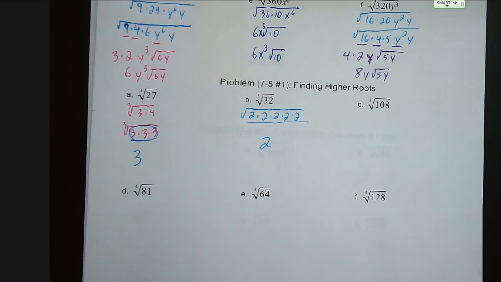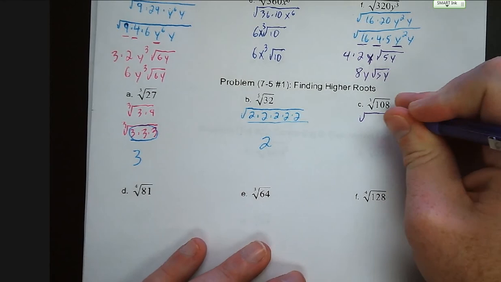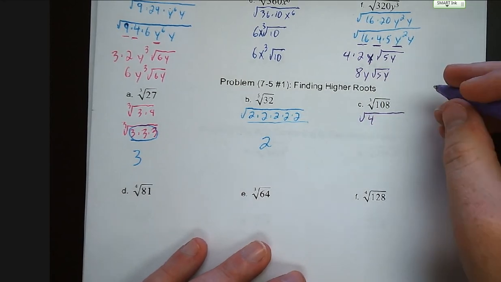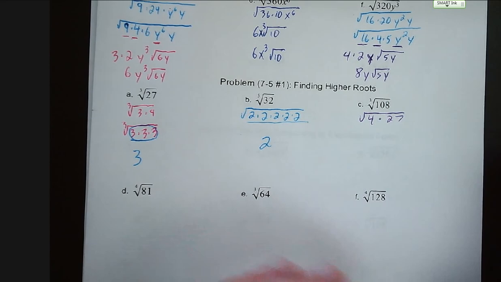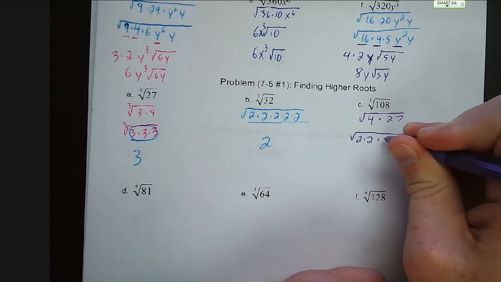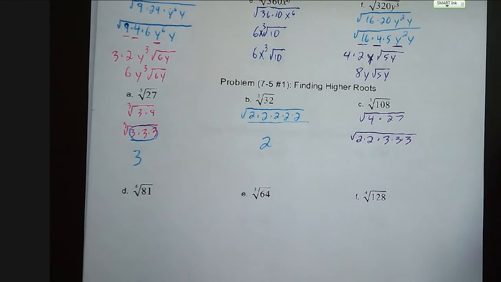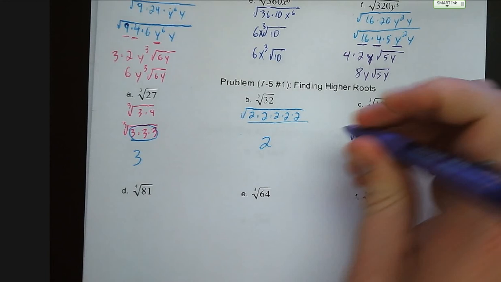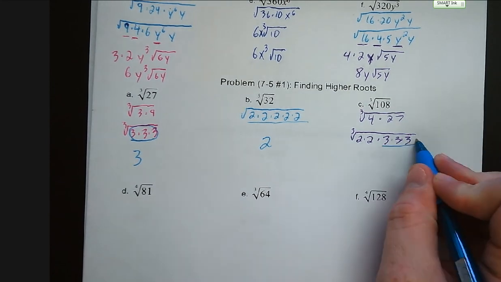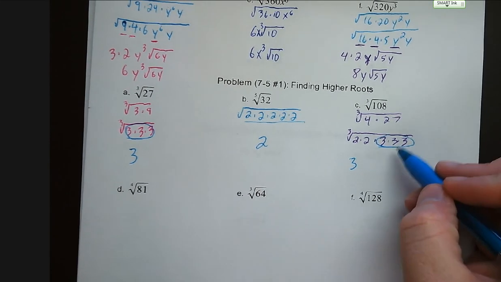Now, 108. Well, we can divide that up into 4 and 27, which can be broken up into 2 times 2 times 3 times 3 times 3. So essentially what we're going for is our prime factorization here. If we bring everything down to prime, we can see what groups of, in this case, it's going to be the third root. So if we're looking for groups of 3, there's 3 3's right there. So we bring 1 to the outside. There's one group of 3.